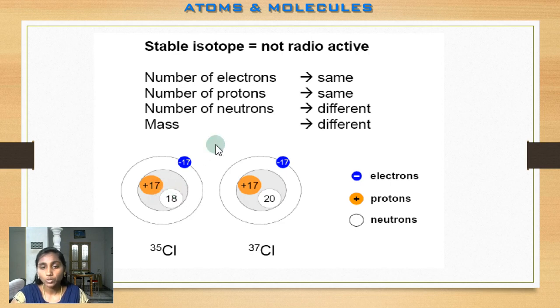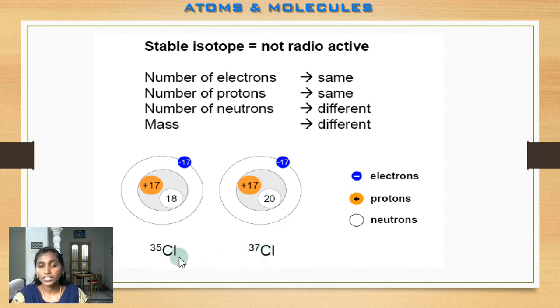So the number of protons or number of electrons is called the atomic number. So its atomic number is 17. Here also, like that, 17. And this mass number means number of protons plus number of neutrons. So 17 plus 18 you will get 35. Like that here 17 plus 20 you will get 37. Have you understood?